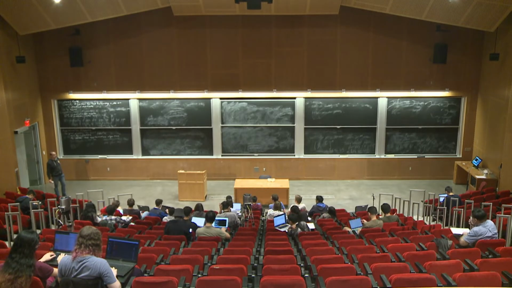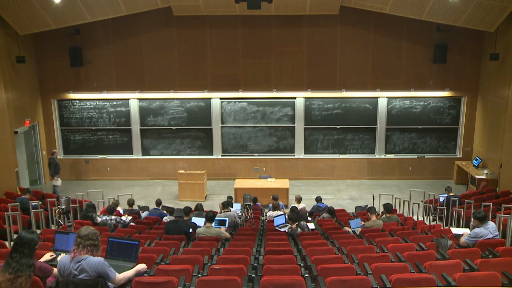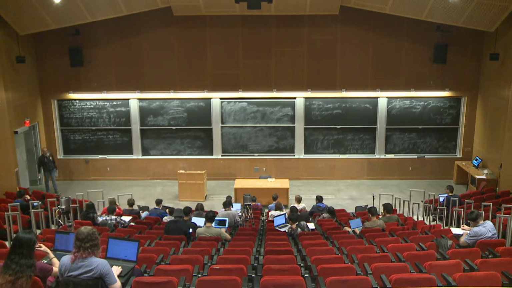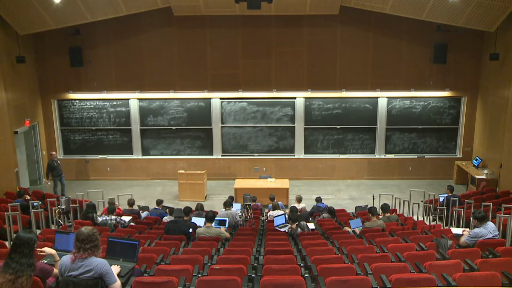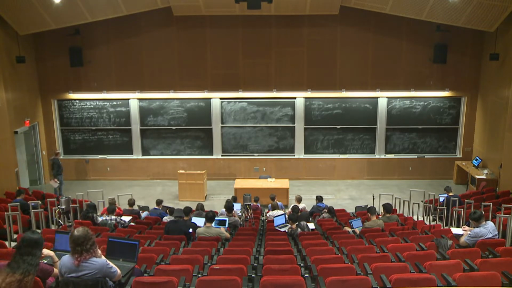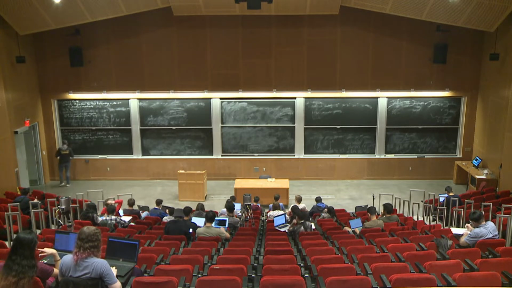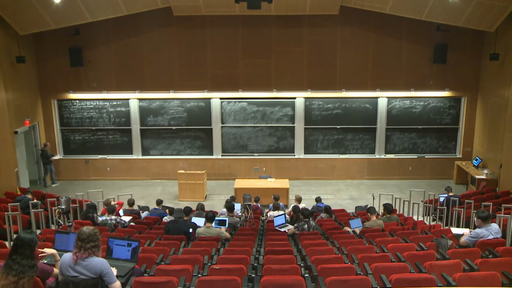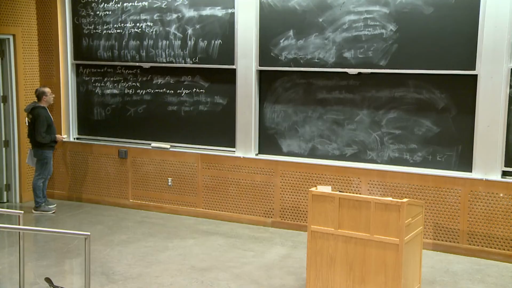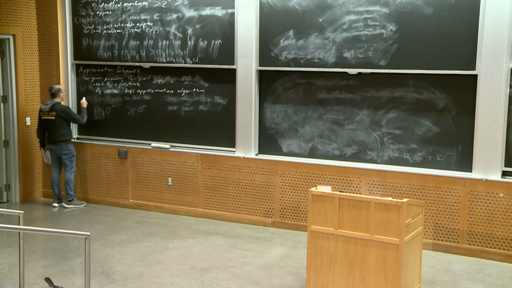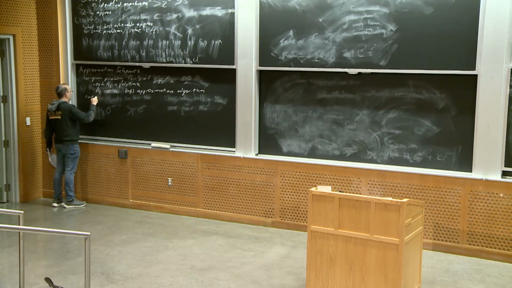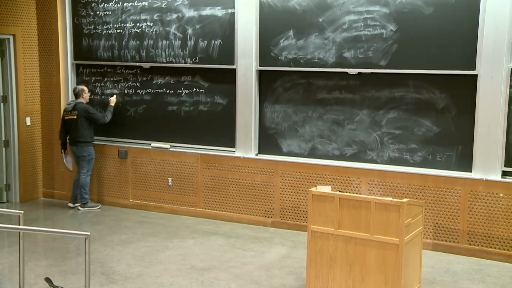Now, does this mean that you can get an exact solution? No, because here epsilon is always greater than 0. So there's no one approximation algorithm. There's just approximation algorithms for all the constants bigger than 1. Now, if you think about it, when you define this class, you can talk about the runtime of the algorithm as a function of epsilon.